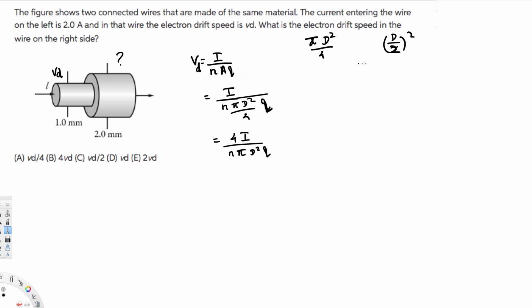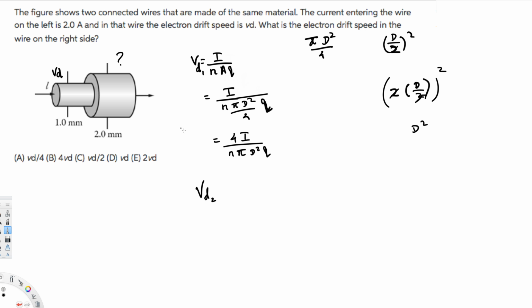So here we had d by 2, that's radius. If we double the diameter, this is going to be 2 times d by 2. So here the 2 cancels, and with the square, that's going to give us just d square. So the new equation, let's say this is Vd2, this is Vd1.